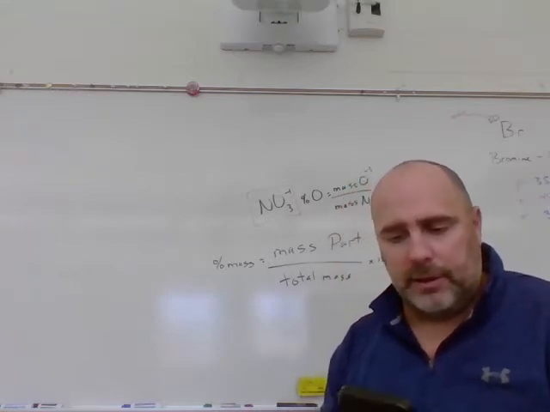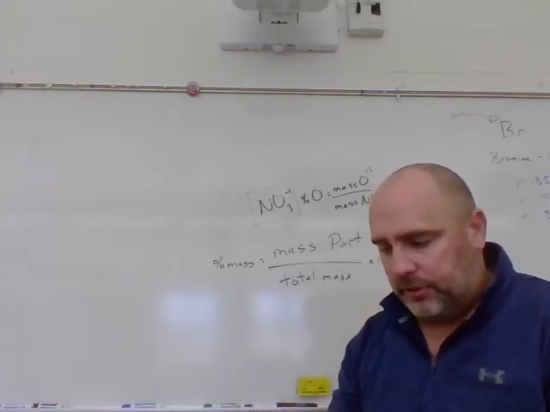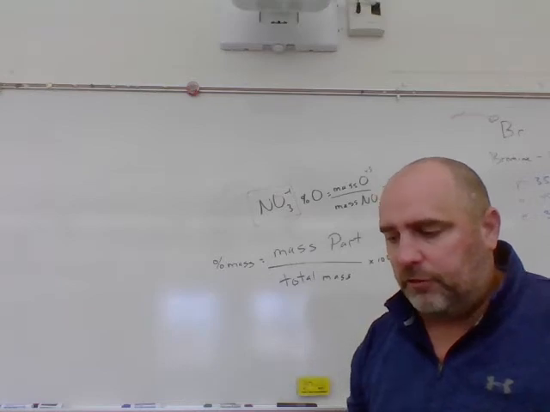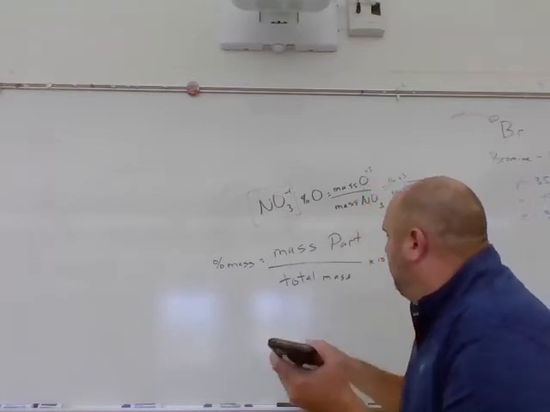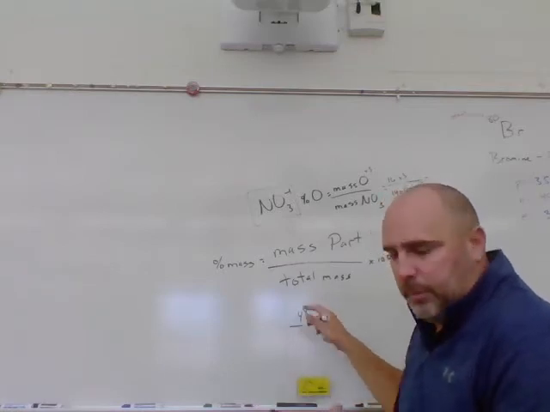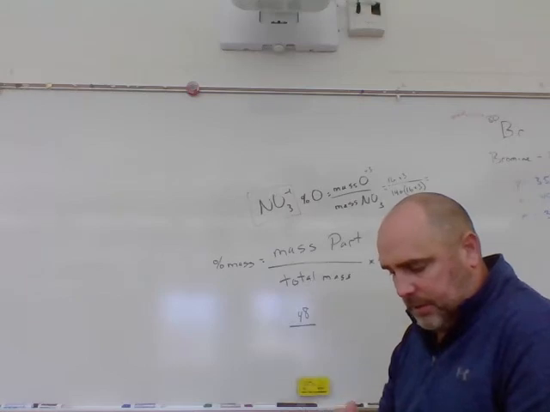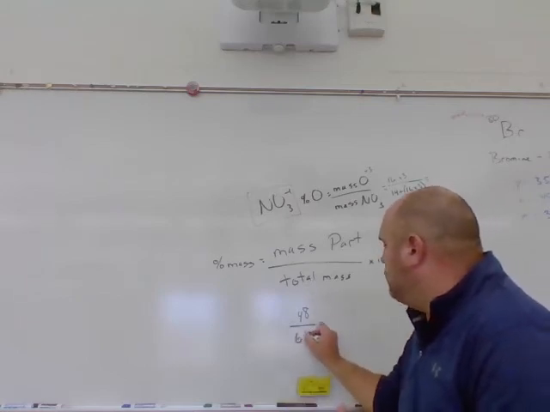I don't have a calculator handy, so I'll use my phone. 16 times 3 is 48, so my top number ends up being 48. That's just the mass of the oxygen part. I'll divide it by the total mass of nitrate, which is 62.